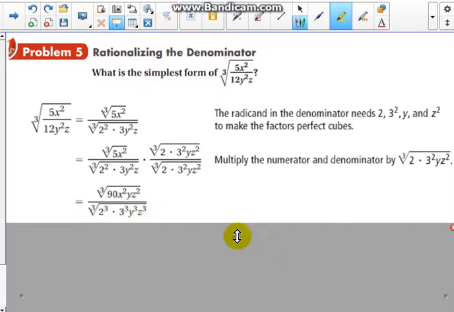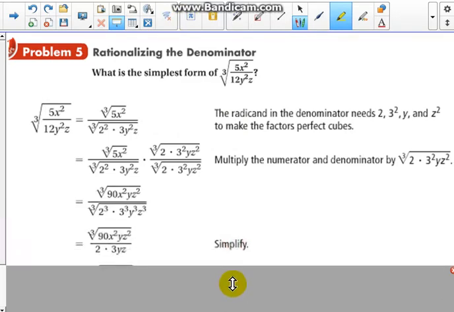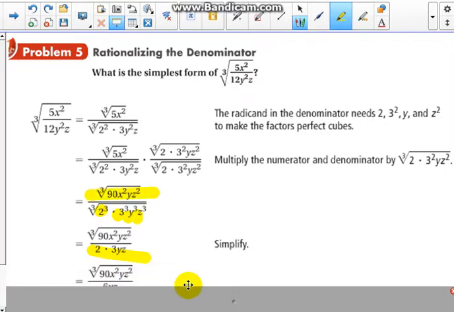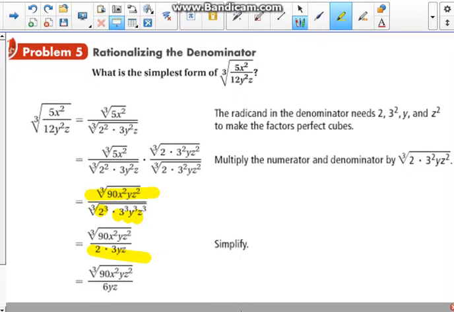So now that we did that, we can finally get rid of that radical sign in our cube roots. And we end up with 2 times 3yz, and the top is going to stay the same, the numerator. And that 2 times 3yz becomes 6yz, and we are done.